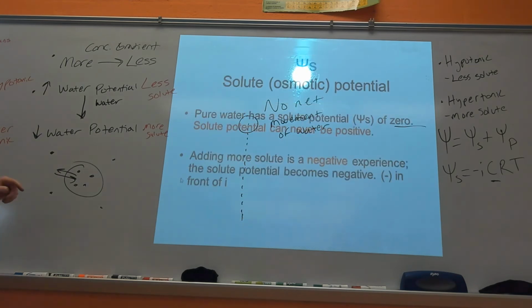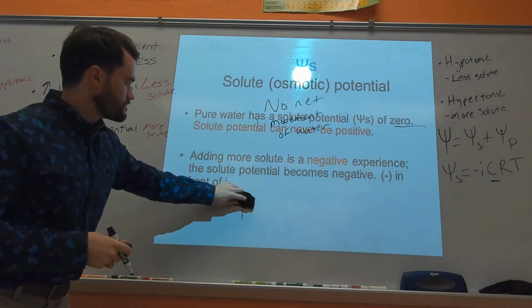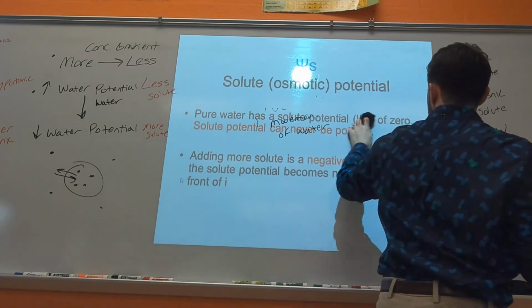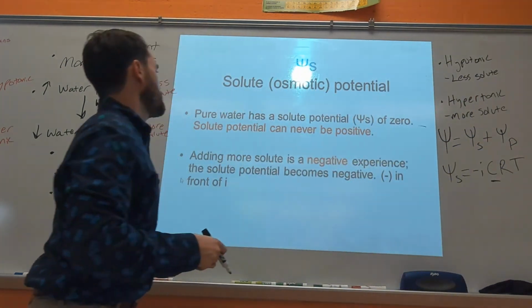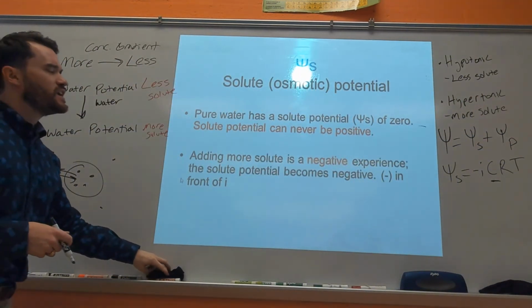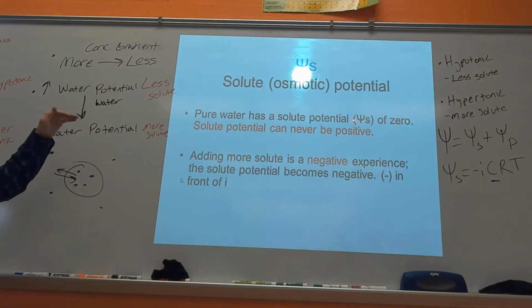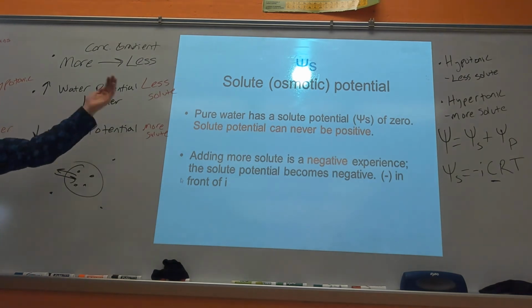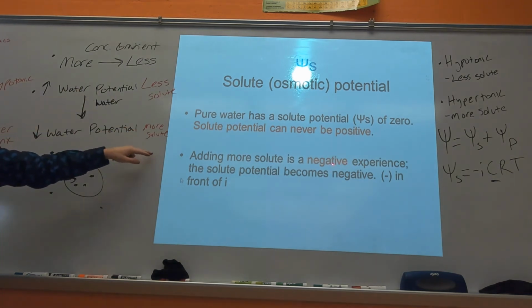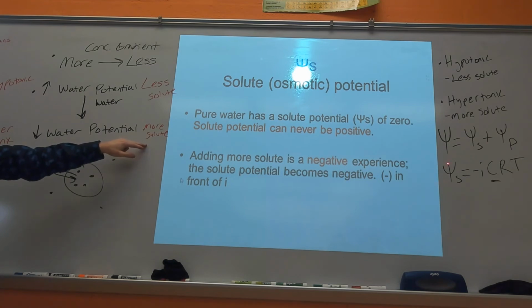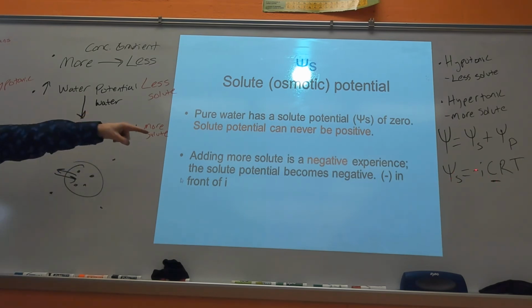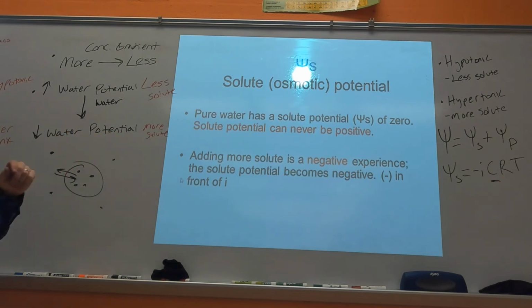Okay. All right. I think I've said everything here. Let me read it real quick. Oh, I haven't. If you're in pure water, well, I didn't mention this: pure water, solute potential is 0 because there's no solute. Remember, as you add solute, the number gets more negative. And as you see what makes solute potential, the formula for it, that should make sense to you.